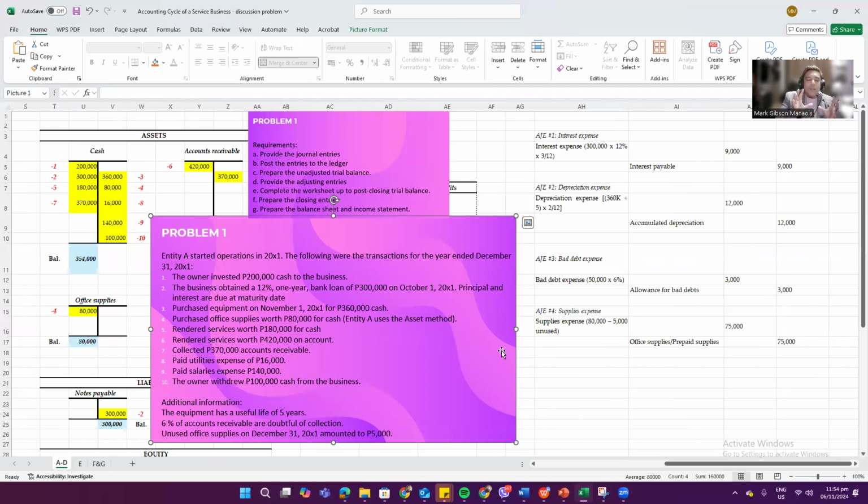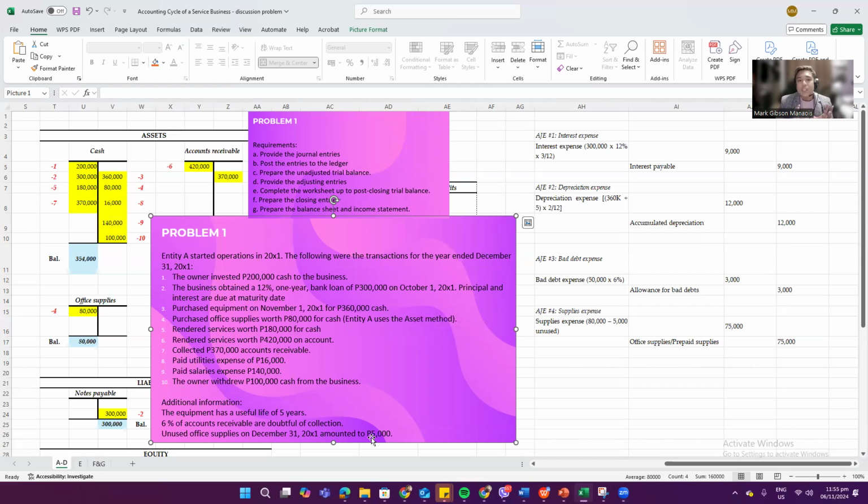So, if your debit was office supplies, at the end of the year, you have to adjust it. Obviously, we have to recognize the expense. Out of 80,000 office supplies, how much has been used? The used portion, you have to recognize it as expense. Is there other data? It says unused office supplies as at December 31 at year-end amounted to 5,000. So what does that say?